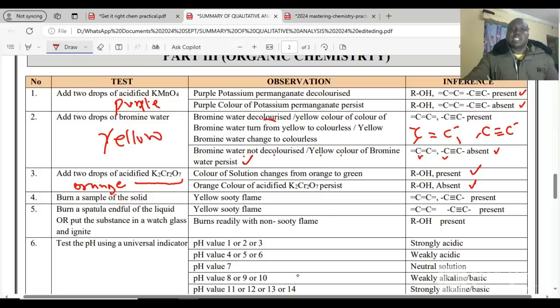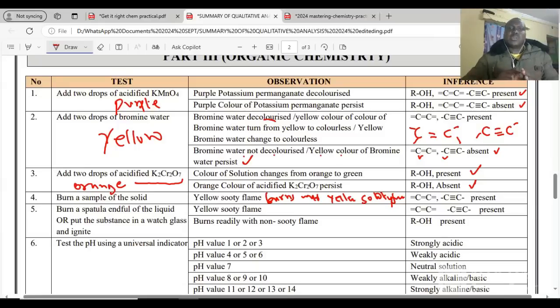So we expect the solid to burn in 2 ways. One, to produce a yellow sooty flame. So you say solid K burns with a yellow sooty flame, meaning it is a yellow sooty flame.